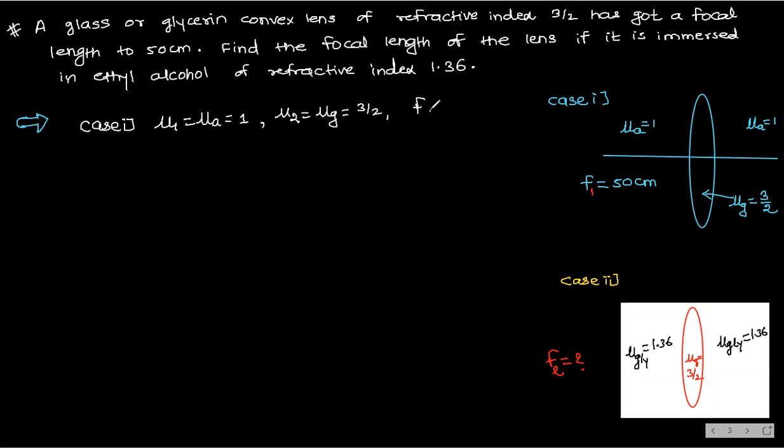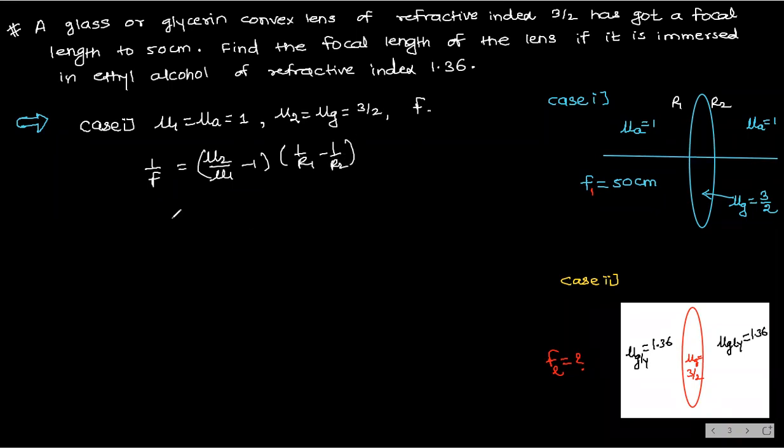Okay, so let's use the formula. This is R1 and this is R2. It is given, but as R1 and R2, no values are given. And now we are assuming R1 and R2. So I'm using the formula now. 1 by F is equal to (mu2 by mu1 minus 1) into (1 by R1 minus 1 by R2).